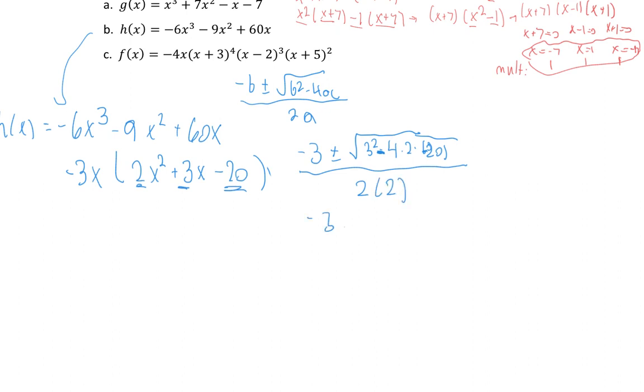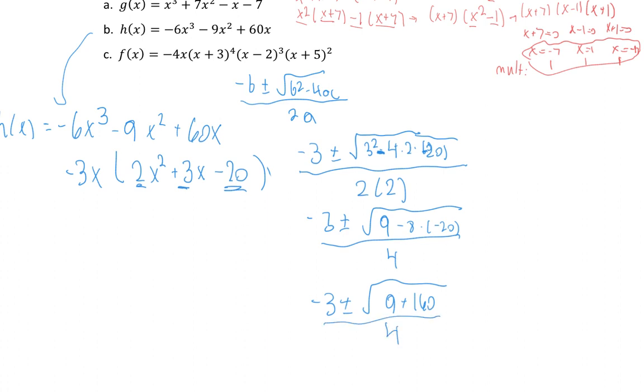So keep continuing to work with this. Square root of, you get 9. And then 4 times 2 is minus 8 times minus 20 over 4. Minus 8 times minus 20 is going to be plus 160, which is going to be minus 3 plus or minus square root of 169 over 4.